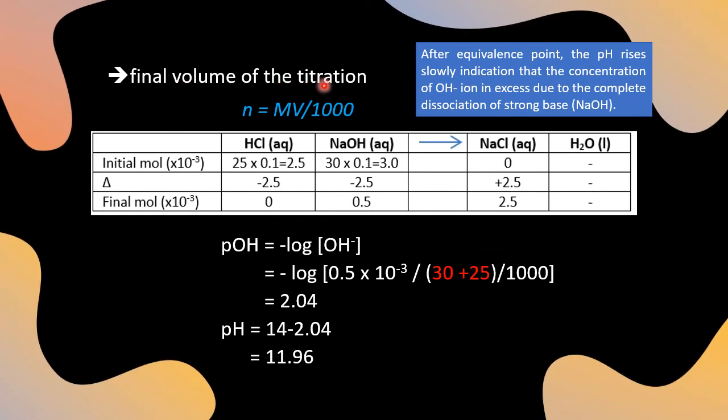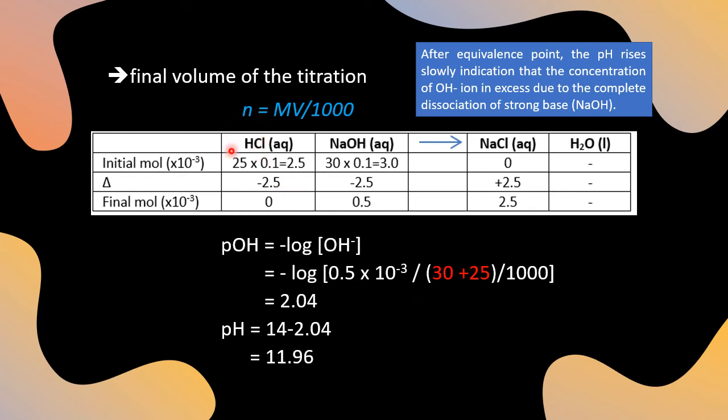Final volume of the titration. The total volume for the acid is 25, and then the total volume for the sodium hydroxide is 30. So total volume for the whole reaction is 55 ml. And then we need to check for the number of mole.